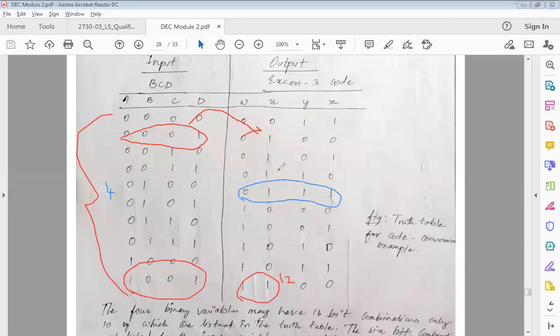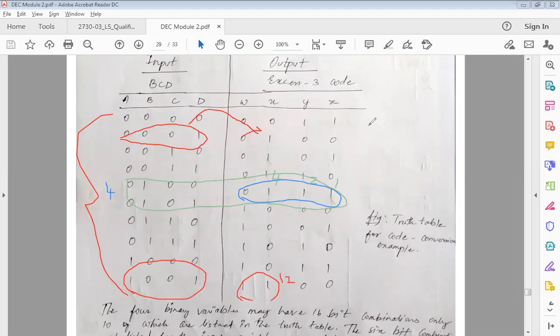How is it 7? 4, 2, 1. Is that clear, students? So this is how I'm going to generate my input and output. Any doubts as to how we got this truth table? Very simple, right? Any doubts, students? You can ask me, I can explain it again.